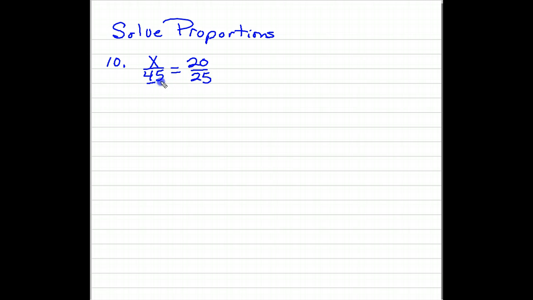Okay, remembering that this times this has to equal this times this. So 45 times 20 has to equal 25 times your unknown number.